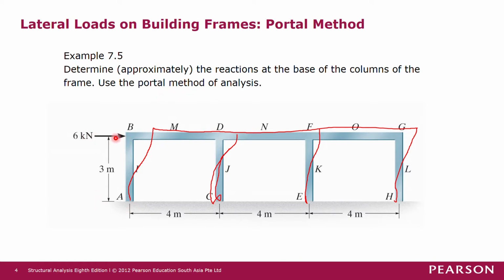For a frame that is loaded with a 6 kN force at B here, the deflected shape of the column may look like this. The girder may deflect this way, this way, this way. So hinges will be in the middle of each segment.